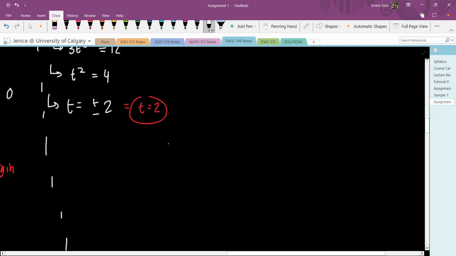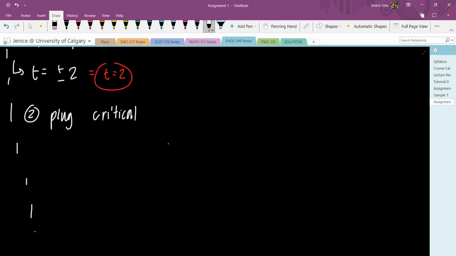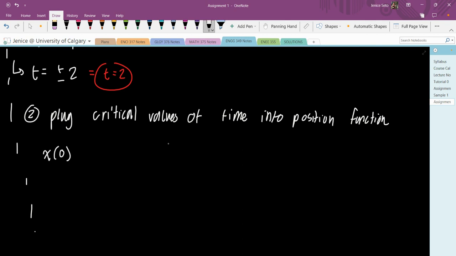So now that we have our critical values, we're going to plug critical values of time into our position function. So that means we want our position at 0, which is our first bound, position at 2, which we just found, and position at 10, which is our end bound.